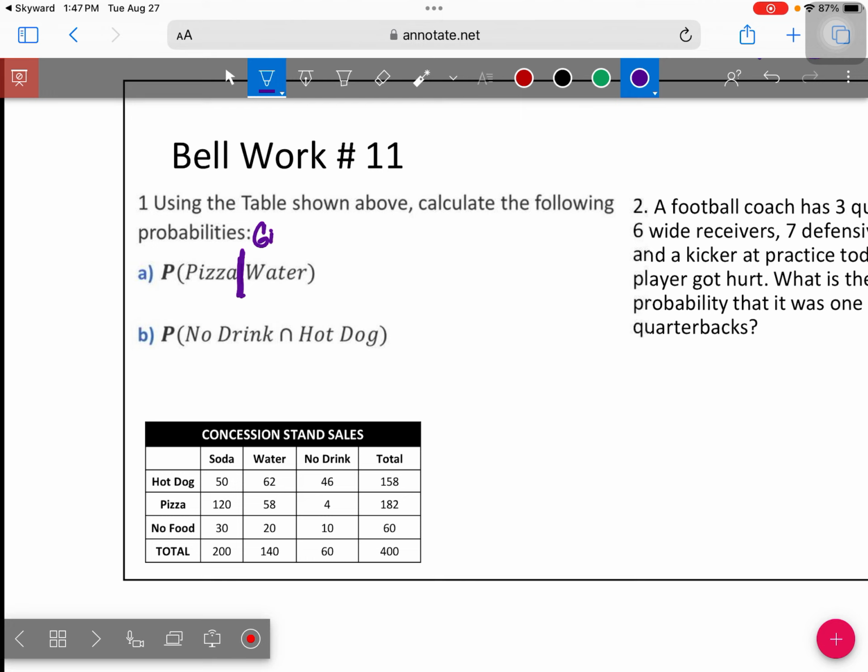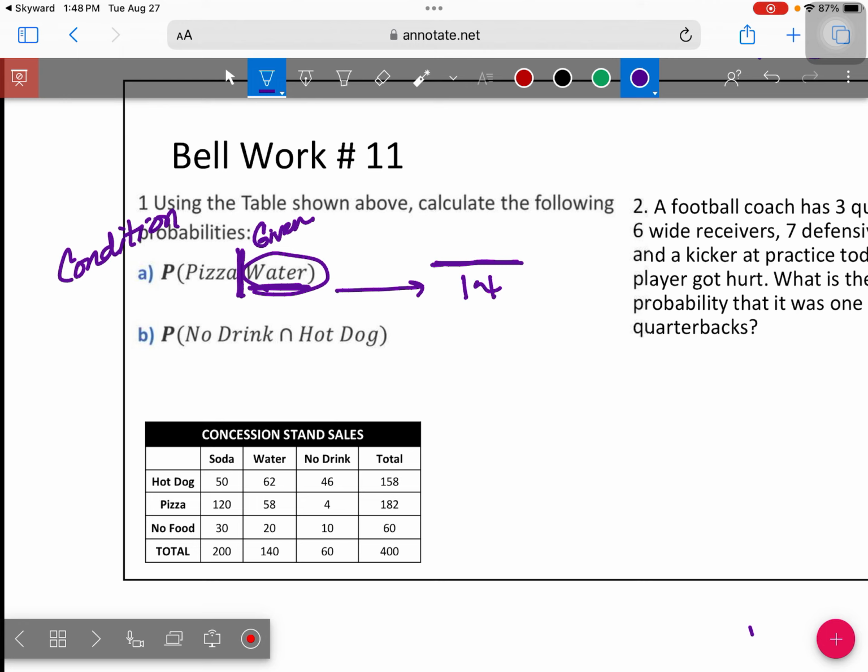Does anybody remember? Is it conditional, compound? Conditional, because this is the new condition that we have to follow. We have to have water. So this vertical line becomes my horizontal line. And instead of the total, I put the total of the water, which is going to be what, class?